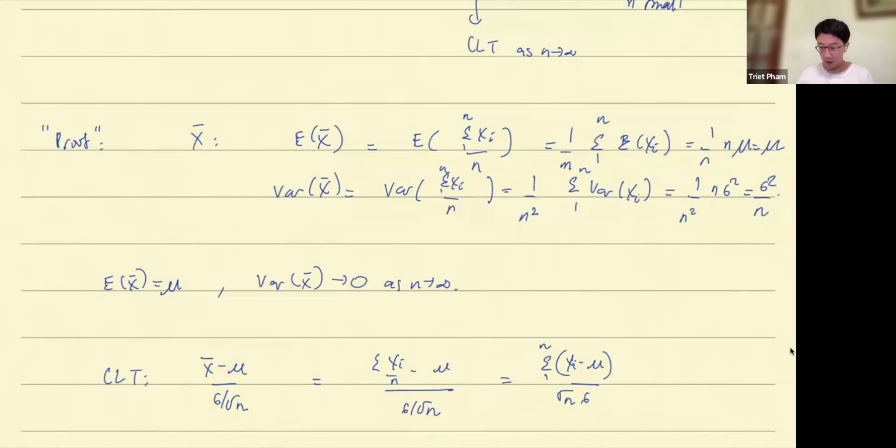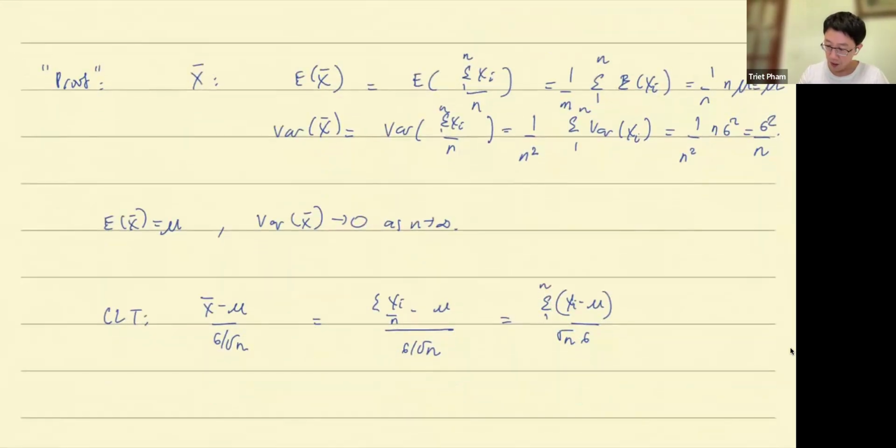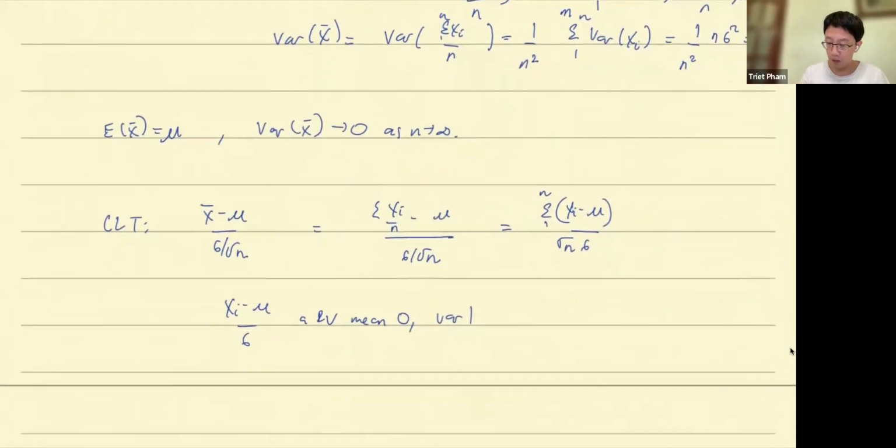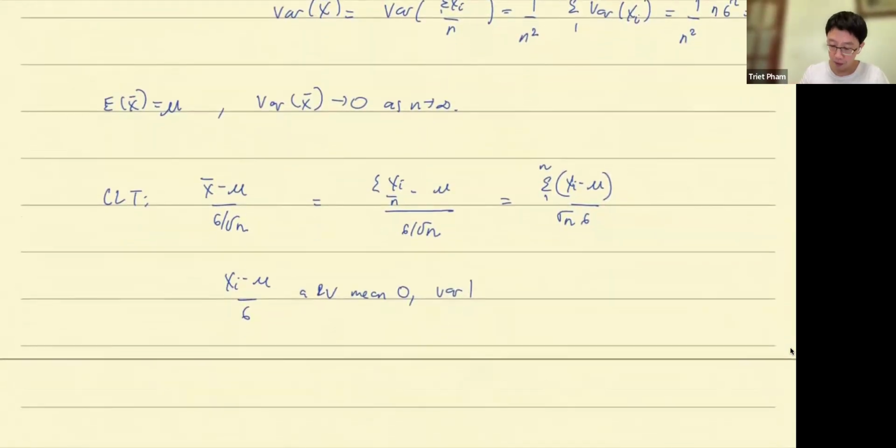So what I want to say is this: if I look at just this alone, it is going to be a random variable with mean 0 and variance 1. So I could just look at the central limit theorem in the following version.